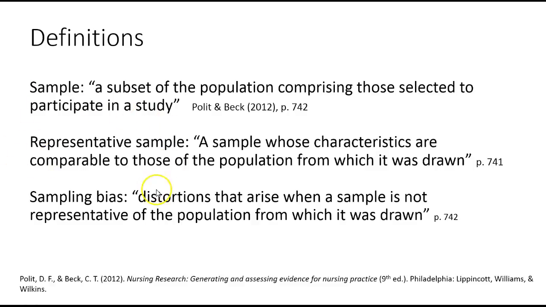One of the things we need to be careful of is that the methods we use in sampling can influence how representative that sample is. If we're not careful with our sampling methods, we can introduce what they call sampling bias. And these are distortions that can happen when a sample is not representative of that population.